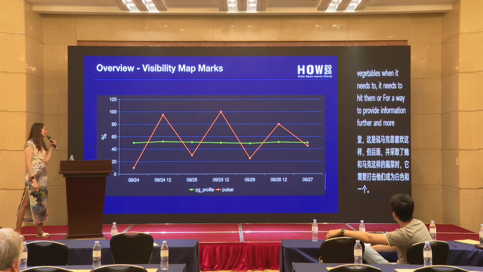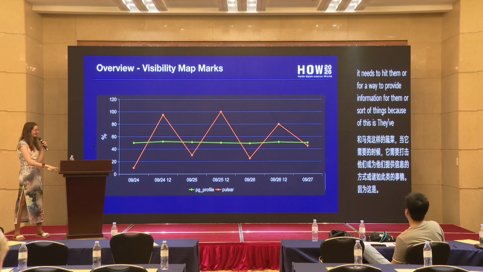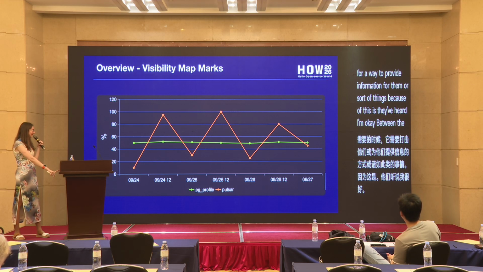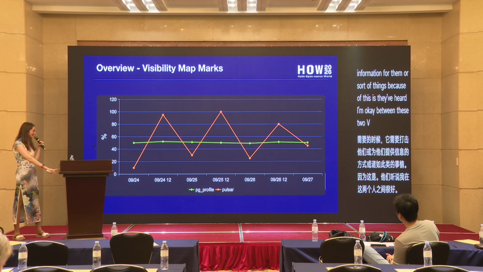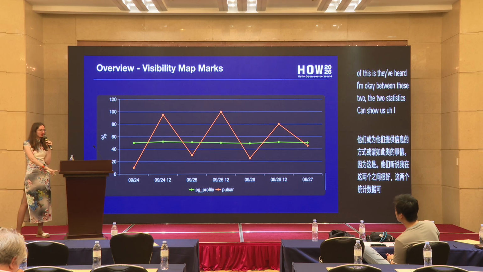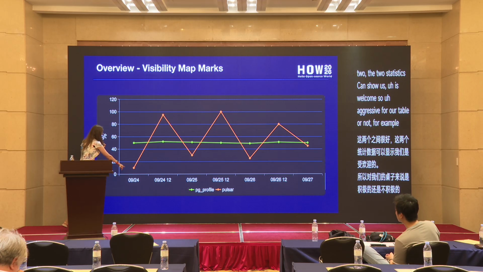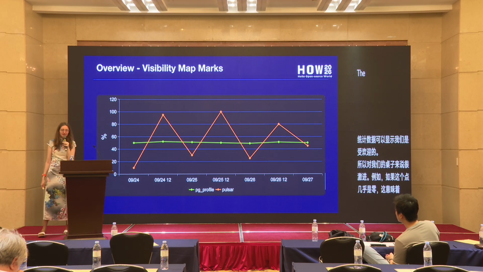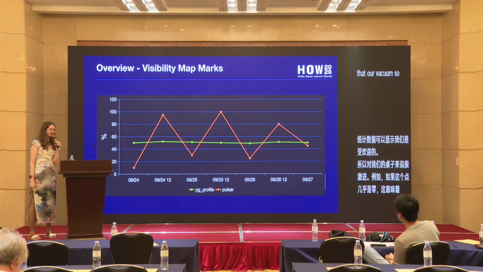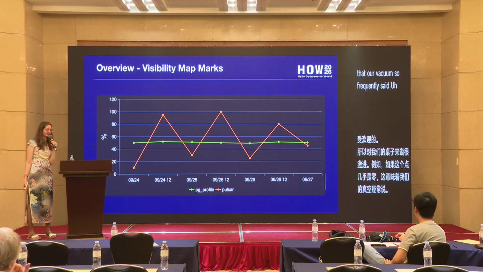Because of this, the divergence between these two statistics can show us whether vacuum is too aggressive for our table or not. For example, if this point is almost zero, it means that vacuum frequently sets pages as frozen.